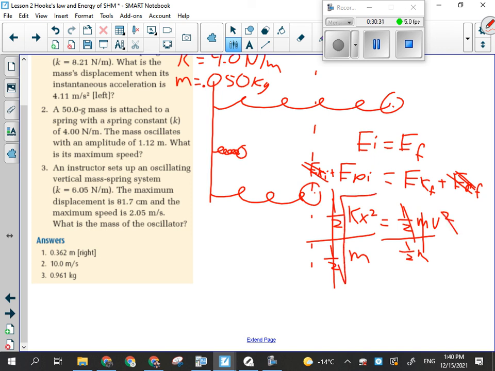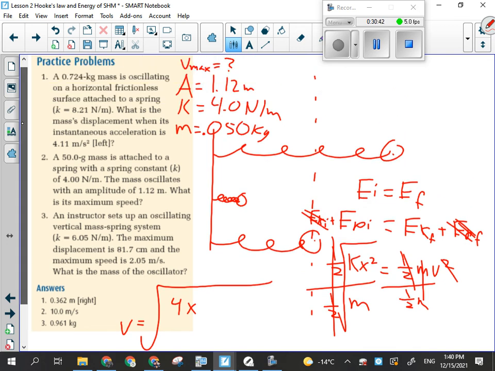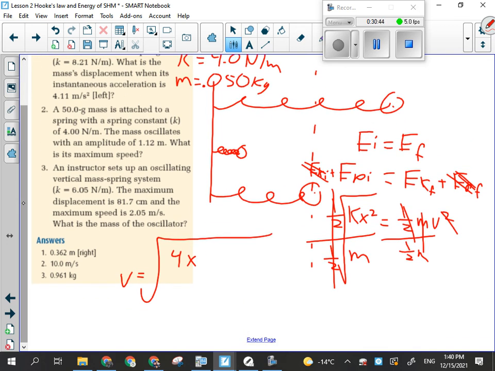I want v. Okay, so v will equal the square root of 4 newtons per meter, the spring constant, times 1.12 meters squared, divided by the mass, which was 0.05.